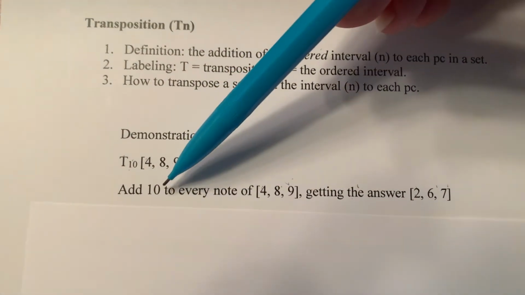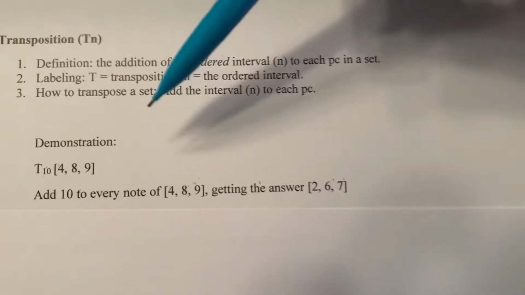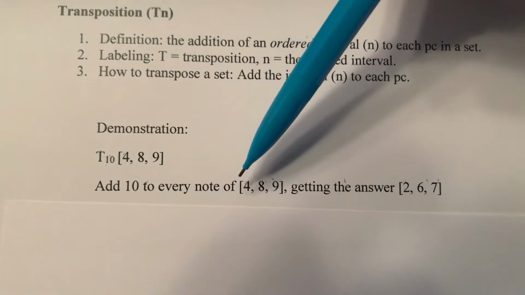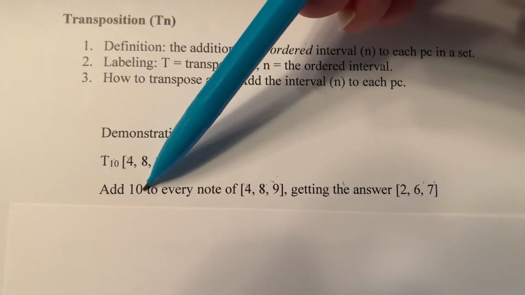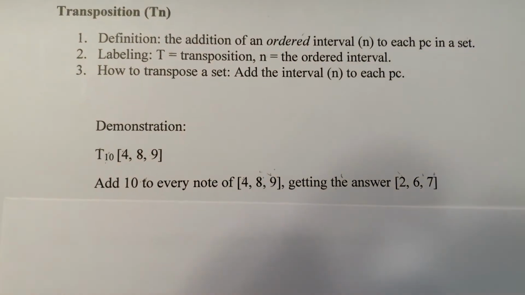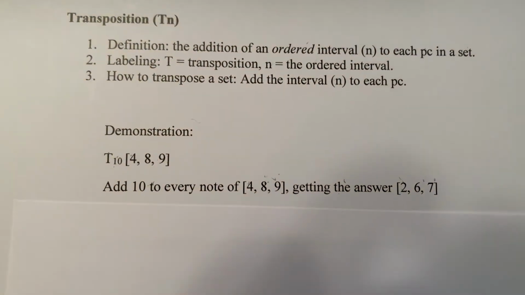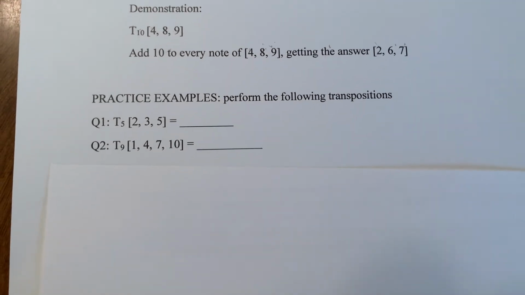By the way, adding 10 is the same as subtracting 2, so use your knowledge of the clock face representation of things. So again, T10 of 4, 8, 9, I just add 10 to every note, and I get this set, and that's going to be a transposition of this set right here. So simple enough.